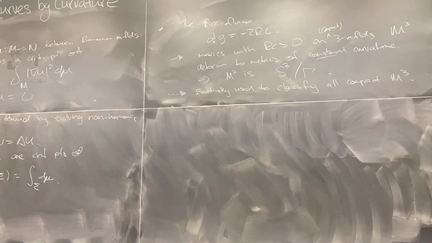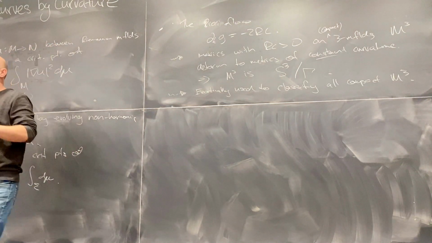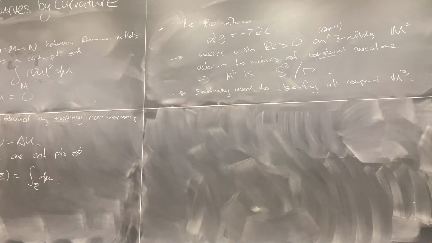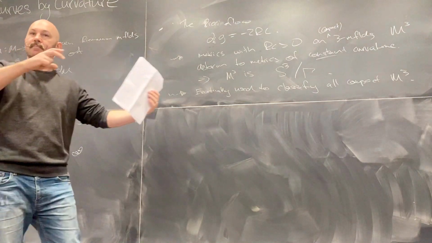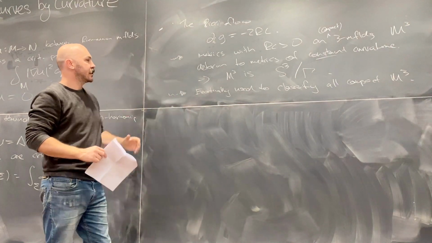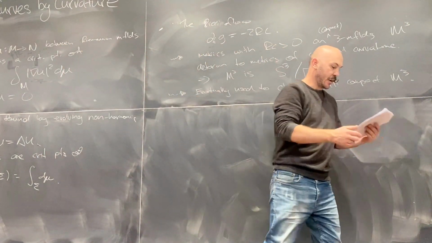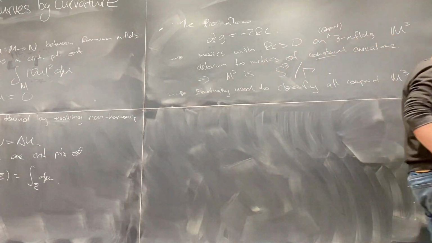You start off with a general three-dimensional compact space. You can deform it according to this equation. This equation smooths out all of the curvature and then decomposes it into parts that you know very well. And so then you know that the original thing you started with has to be built up from these canonical components. Okay, so I just wanted to mention this because it's a very famous application of these ideas, known as the Poincare and geometrization projections.